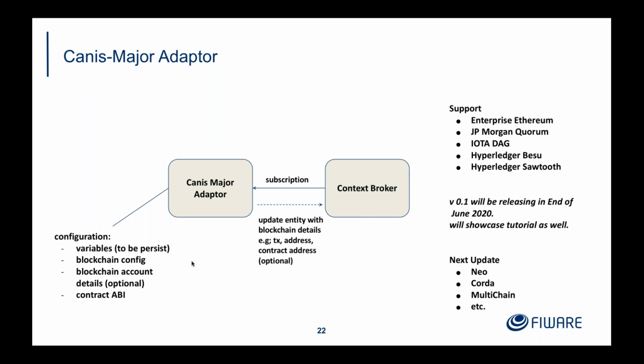Remember, I may not need to store everything on the blockchain, and using notifications on the context broker, I may decide to just select which attributes are the ones that I want to store on the blockchain. So this adapter can be configured to determine which attributes from which entities you want to store.